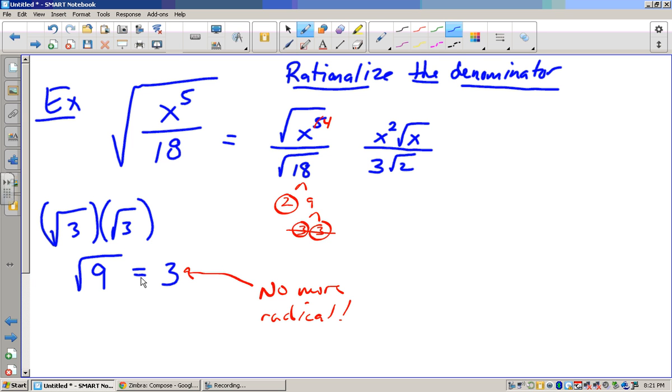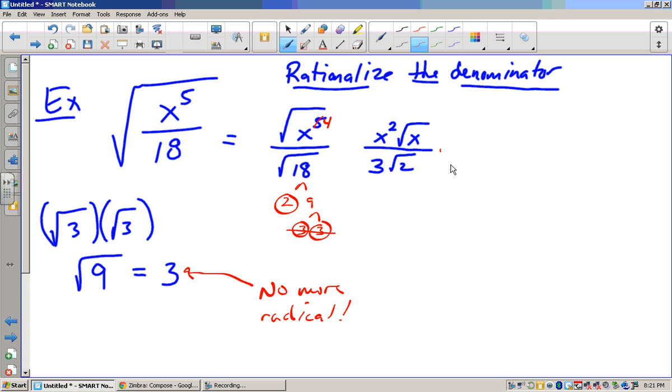Now, the concept in math is you can do anything you want to a problem as long as you don't change values of things, meaning you don't just all of a sudden throw a +5 in somewhere. You have to always balance stuff out. So what I'm going to do is look at the radical part. I have the square root of 2. Well, I know from my little side example, if I multiply a square root by itself, look what happened. I had 3, and my answer was 3.